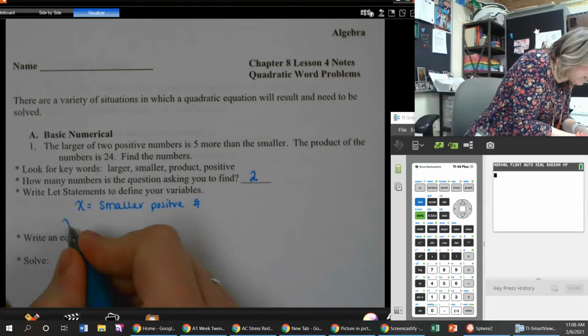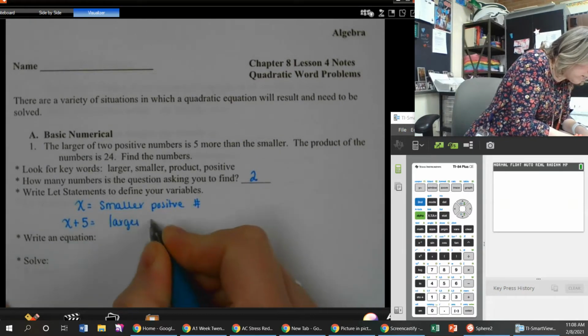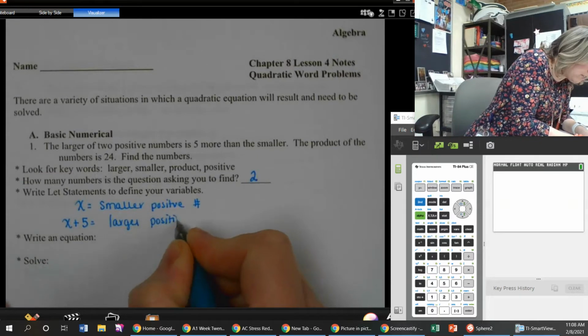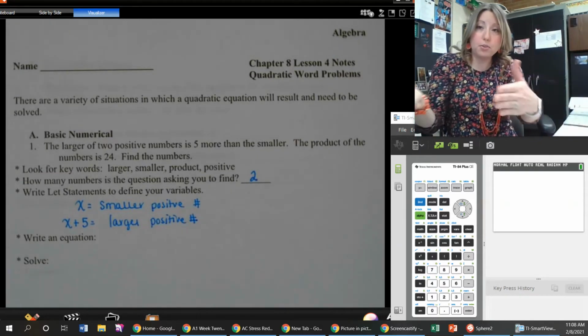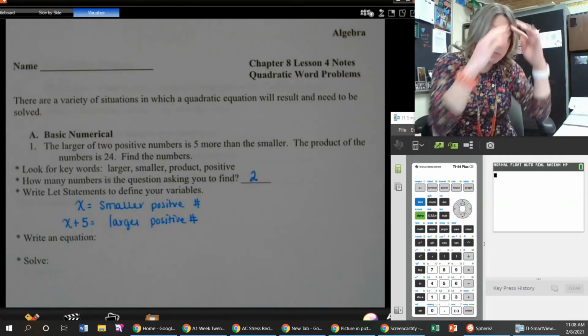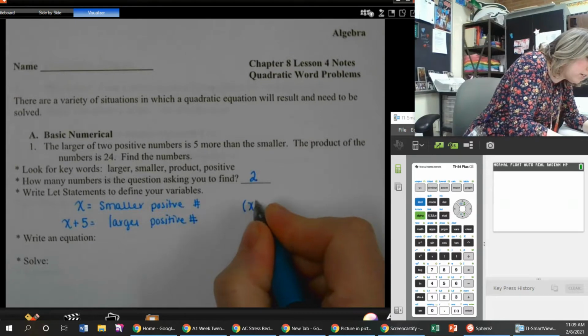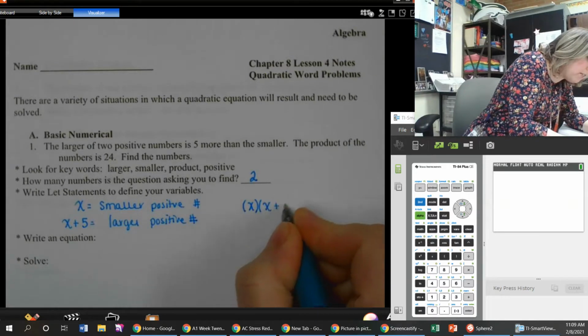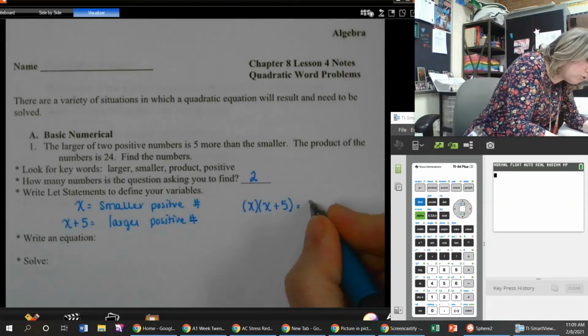So x plus 5 is going to equal the larger positive number. And now I know that I'm supposed to multiply them. So what I'll do is I'll take x times x plus 5. I multiply these two numbers together and I get 24.